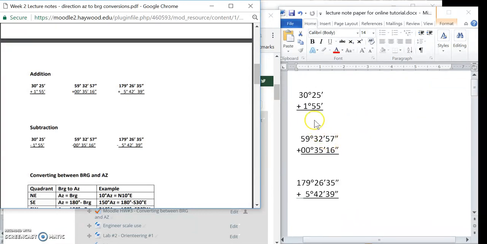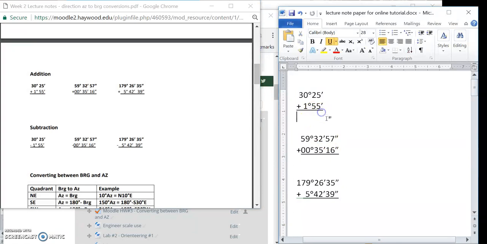All right, so in this case, I've got a 30-degree slice of pie. Think about a wedge of pie, 30 degrees, and I'm adding a 1 degree, 55-minute slice of pie to it. So what happens?